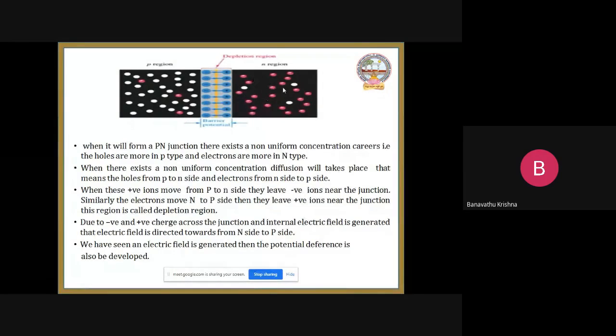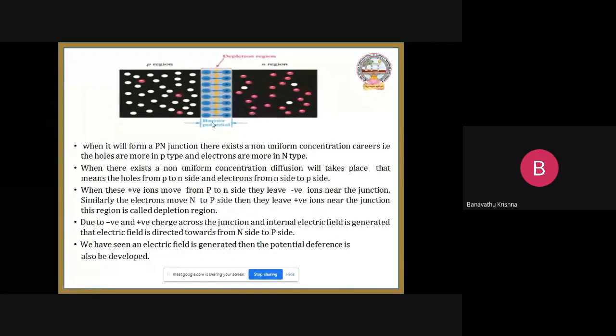Similarly, in the n region, the majority charged particles are electrons. The concentration of electrons is high here and low there, so the electrons move towards the p region. Near the junction, they leave positively charged ions. Due to this, the depletion region is formed here.